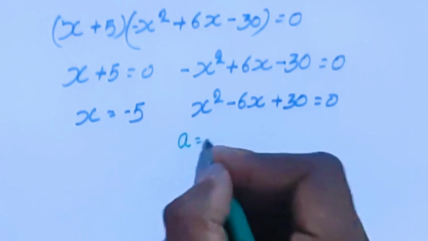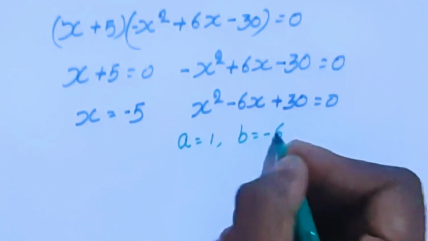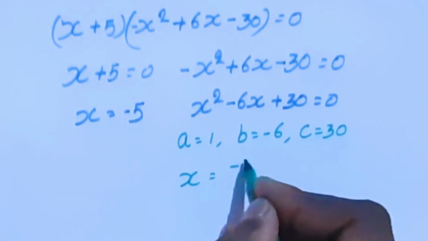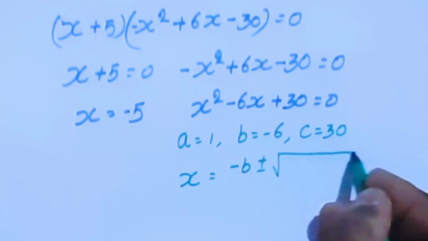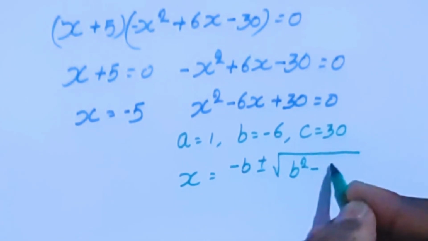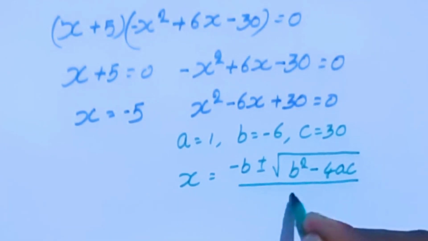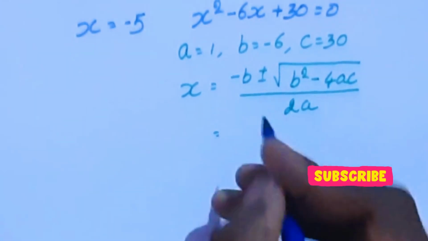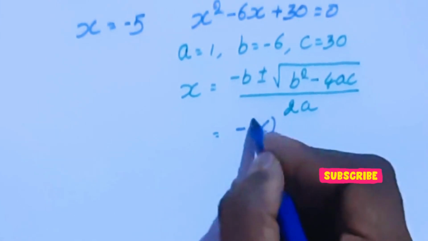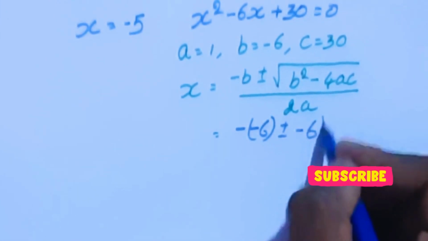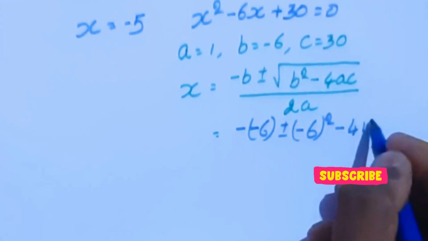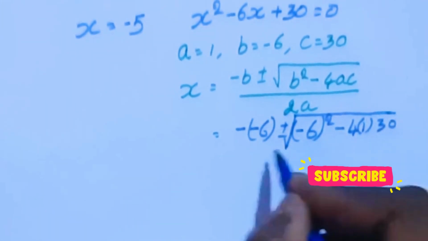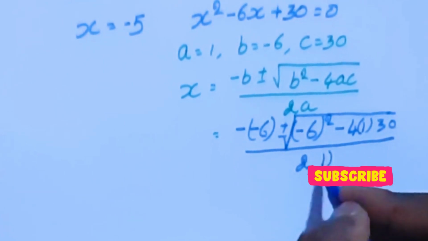Here a is 1, b = -6, c = 30. Here x = (-b ± √(b^2 - 4ac)) / 2a. So x = (6 ± √(6^2 - 4 × 1 × 30)) / (2 × 1).